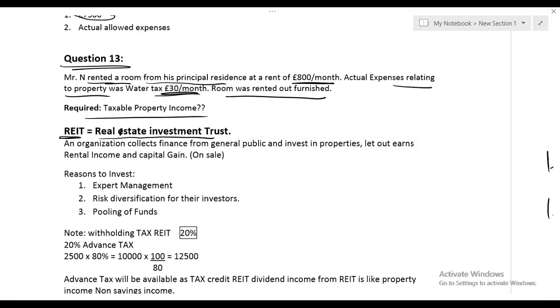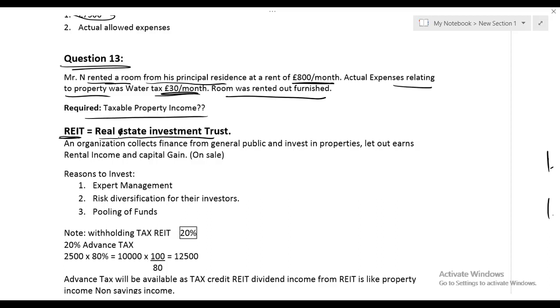Actually, every individual cannot buy a property. Am I right? Every individual cannot buy a property because every individual is not so wealthy. So some of the people, way back, might have thought of this idea.